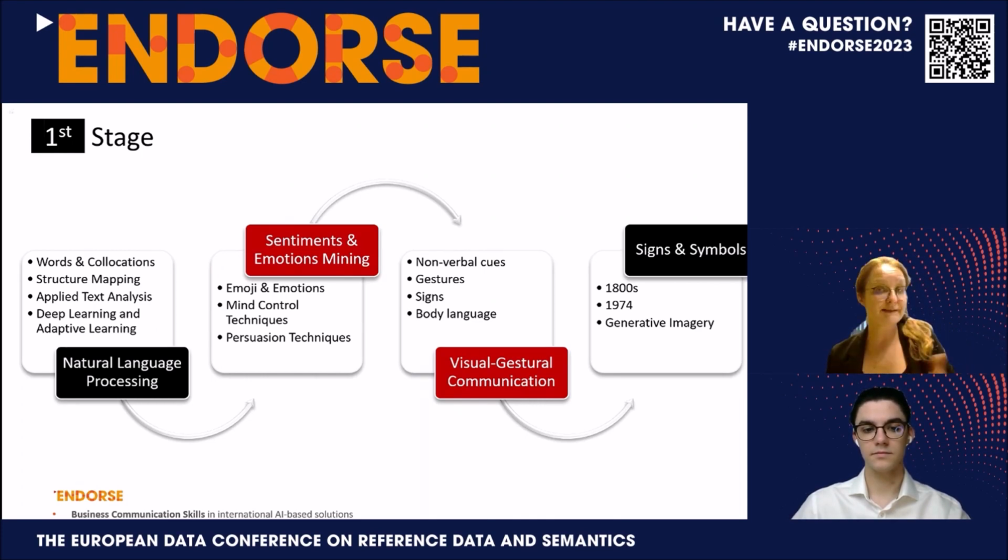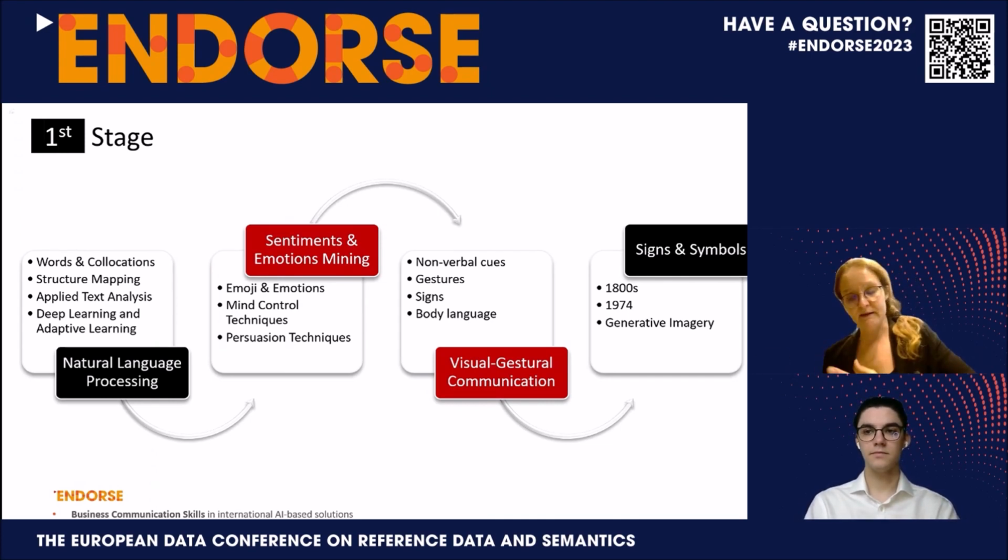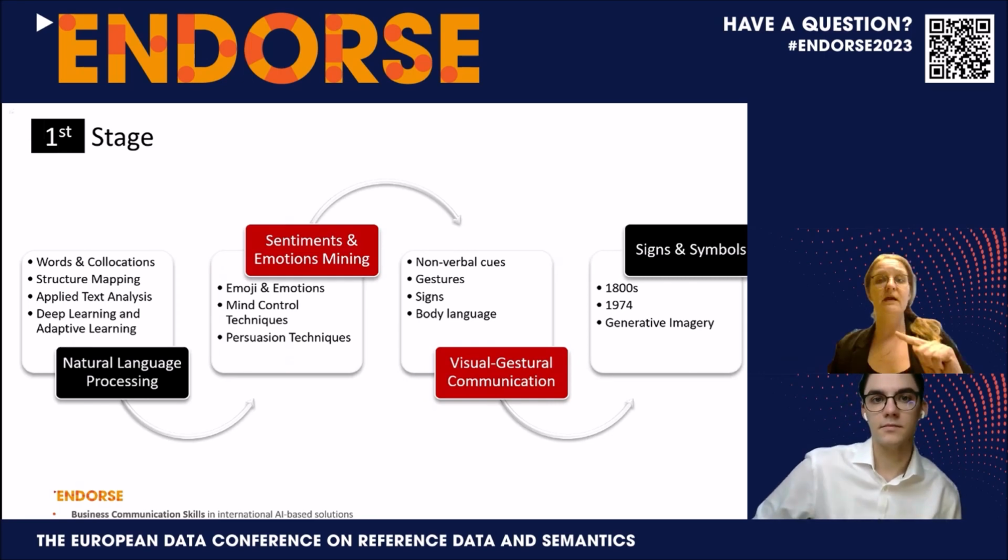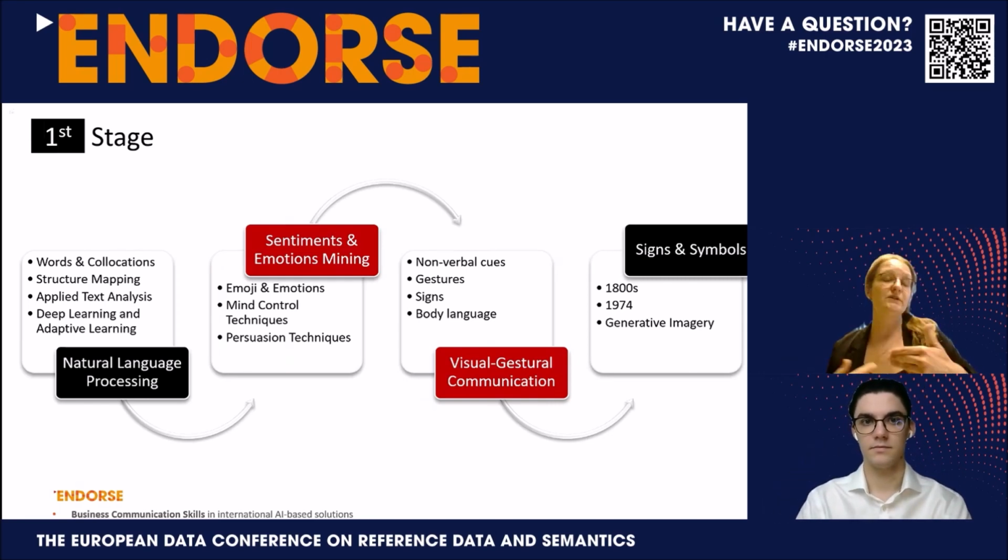When we are talking about sentiments and emotions mining, we've got emoji and emotions, mind control techniques, persuasion techniques, and the next step is visual gesture communication, which means nonverbal cues, gestures, signs, body language, and so on.